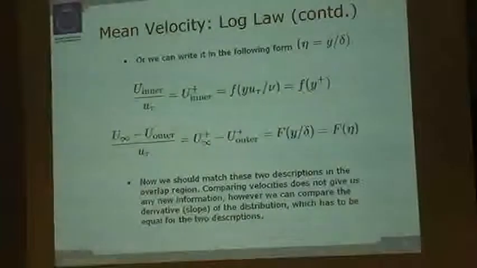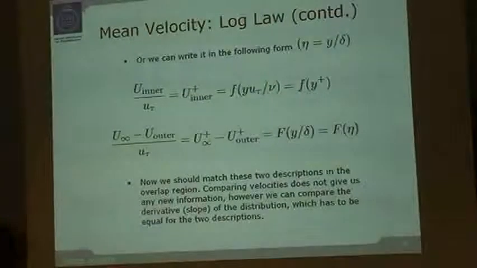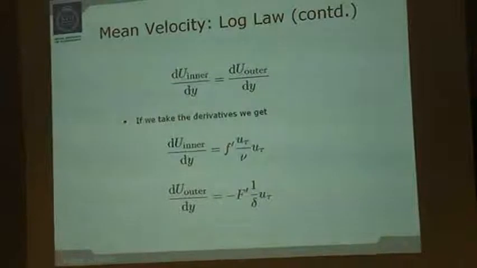The idea here is to look at the slope of these two functions, the small f and the large capital F. The slope for these two functions has to be the same, irrespective of whether we look at the inner or the outer description. So this is what we do. The derivative of the inner over dy should be the same as that of the outer.